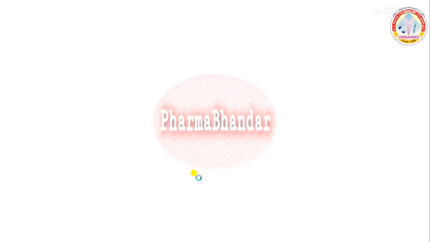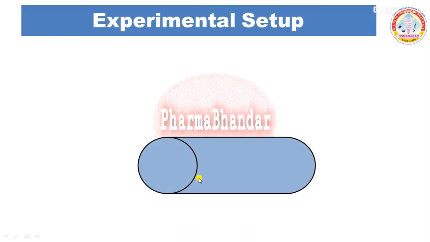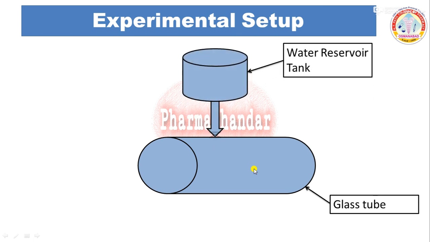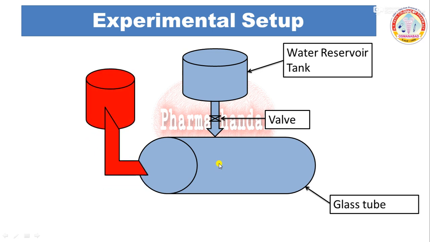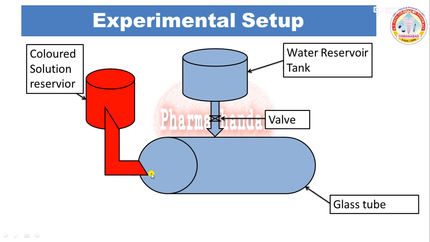So let us see the experimental setup of this experiment. This experiment consists of a glass tube which is attached to the water reservoir with a valve. This valve helps to introduce the water at a varying velocity in the glass tube, and from the other end of the glass tube a colored water reservoir is attached, and it consists of a nozzle.